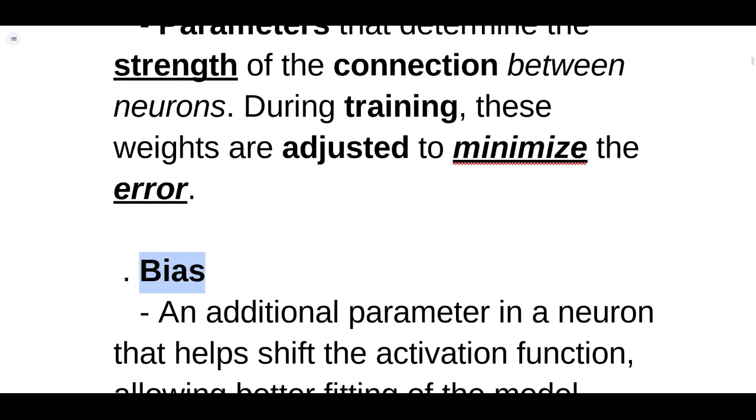Now, what is bias? Bias is an additional parameter in a neuron.